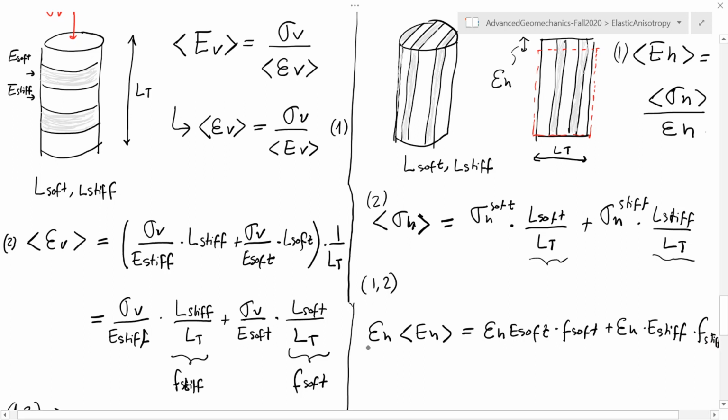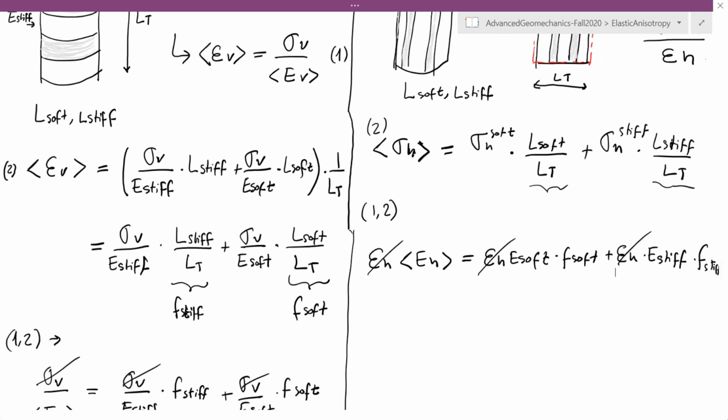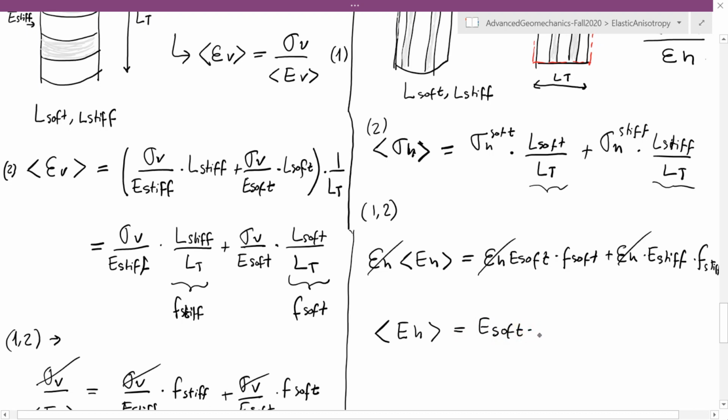I see that now strain is the same everywhere. That's what is called the isostrain. And at the end of the day, my equation is just that the effective Young modulus is equal to a linear average of the soft and the stiff components.